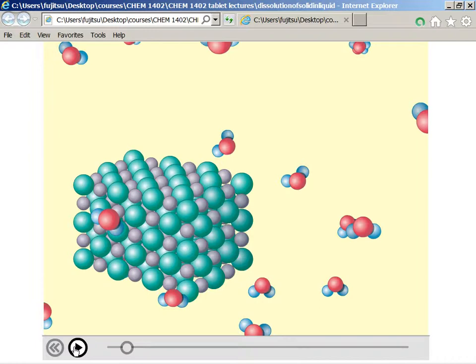So what's the consequence of that? Water is a polar molecule. So what does that mean? Having to do with the oxygen and the hydrogens.